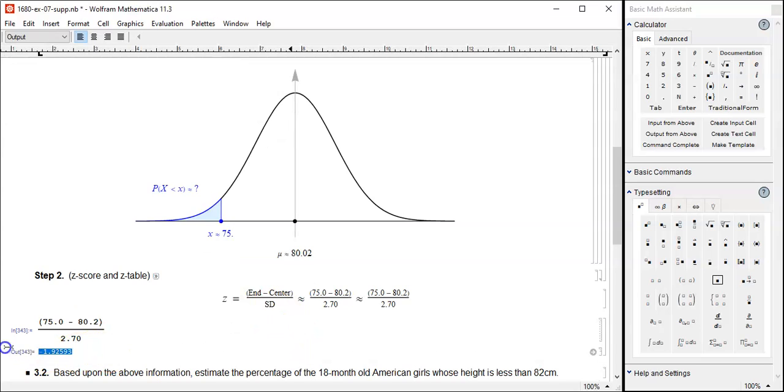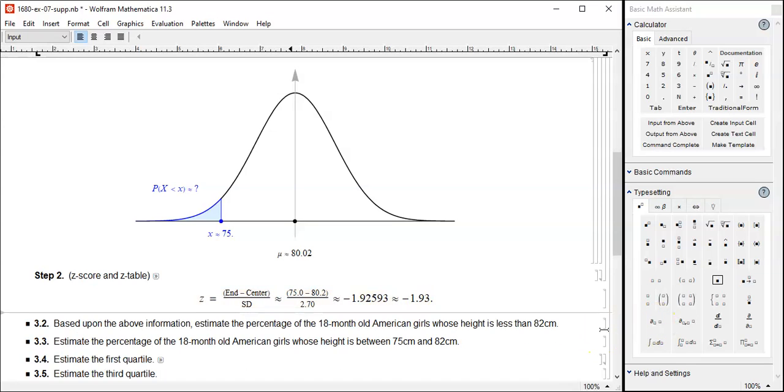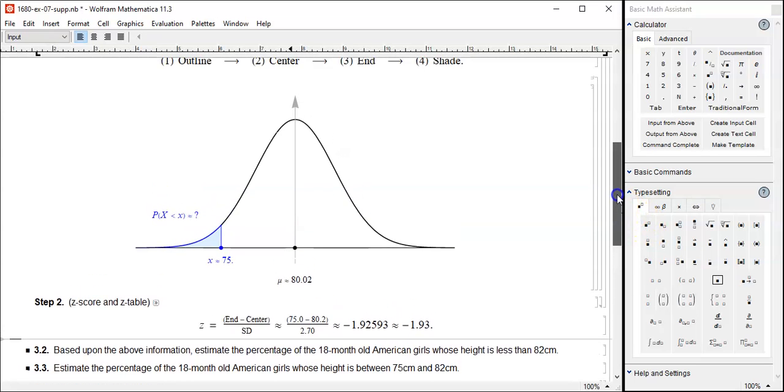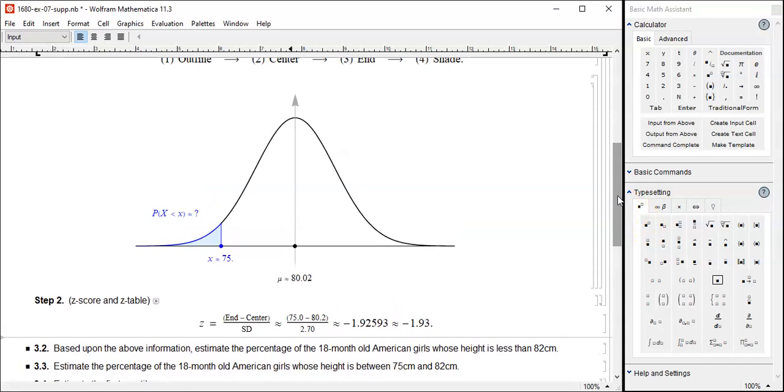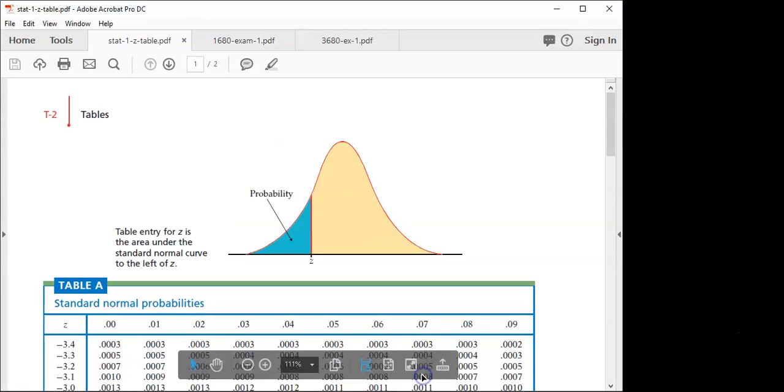I'm getting about negative 1.9 something. We're going to take 2 decimal digits: negative 1.93. Why am I taking 2 decimal digits? Because I have to look up the normal table, which will be provided to you for the exam, and that table uses up to the second decimal digit. How to use it? I'm not going to waste time here because I explained it extensively in the main lesson.